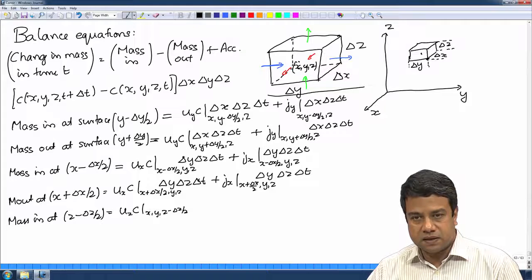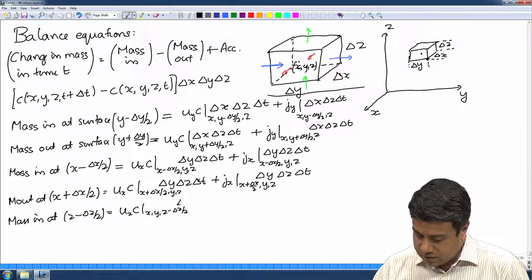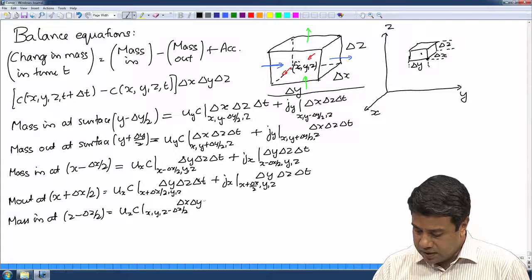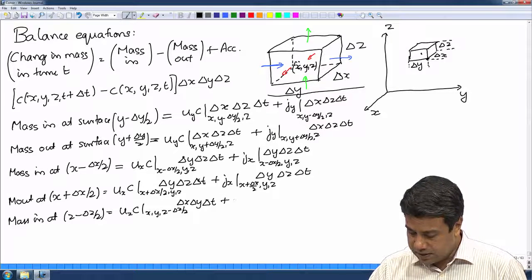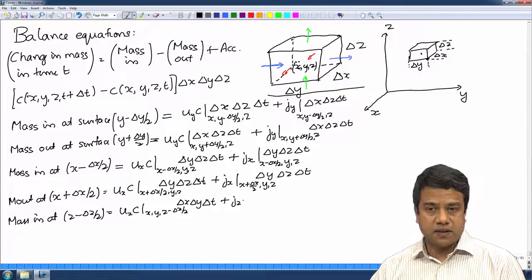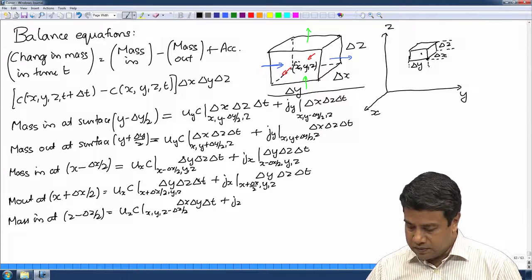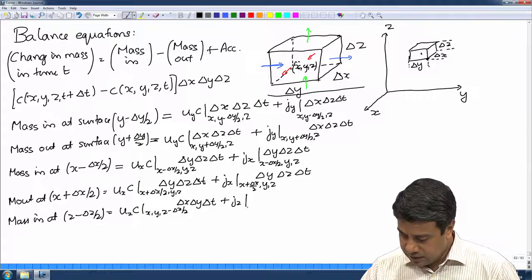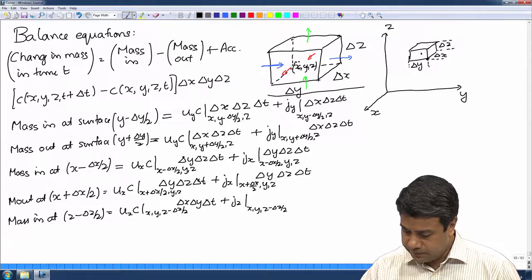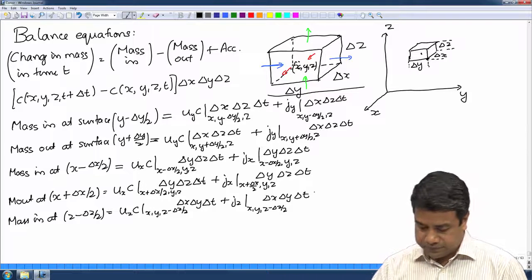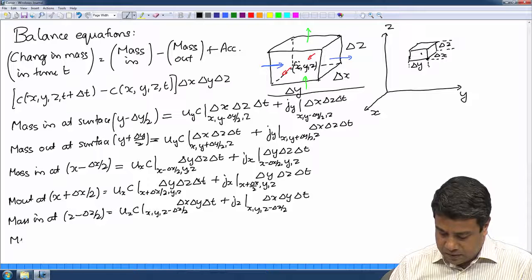In this case, the surface is along the xy plane. Therefore, the area is going to be equal to delta x, delta y, delta t, plus the flux perpendicular to the surface in the z direction, because that is what is bringing mass into this differential volume at the bottom surface. The flux in the z direction at x, y, z minus delta z by 2, times delta x, delta y, delta t. Okay, then you have a mass out.